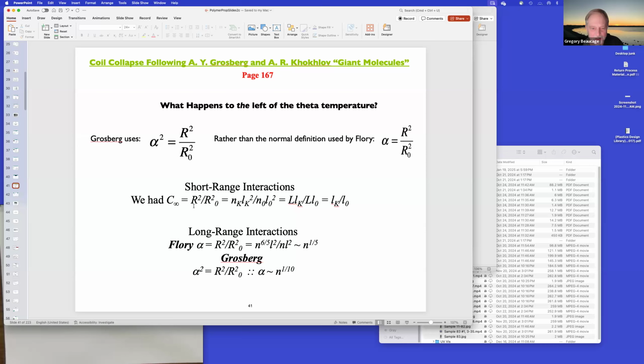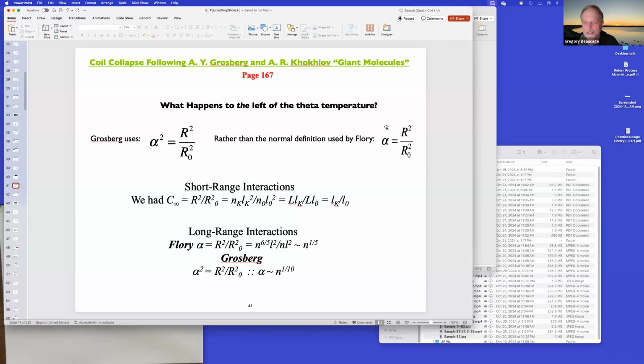They look the same, but they mean different things. The R naught here is for a chemical unit in L squared, and R naught here is for a theta condition chain, like a real chain at the theta temperature. And this is the expanded coil at a higher temperature. He didn't originally intend to describe collapsed coils with this, but basically the same alpha is used for that.